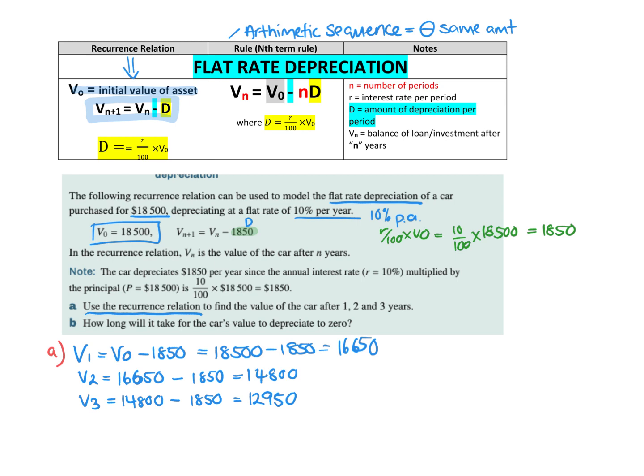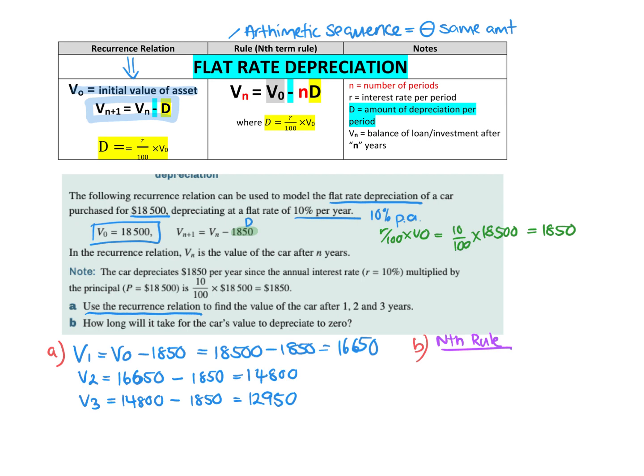Okay, next one, it says, how long will it take the car to be 0? So what that is, they're actually telling you a value. So they go, when will the value of the car be 0? So when we have that scenario, when we were trying to find a particular value, we'll want to use the nth rule.